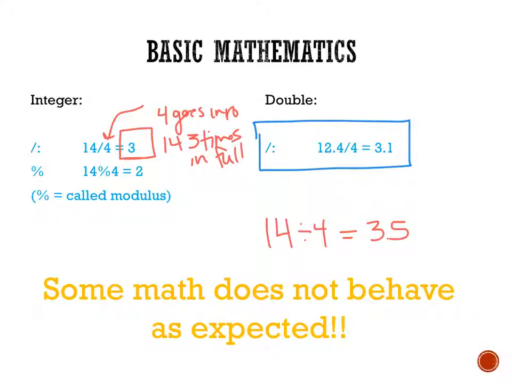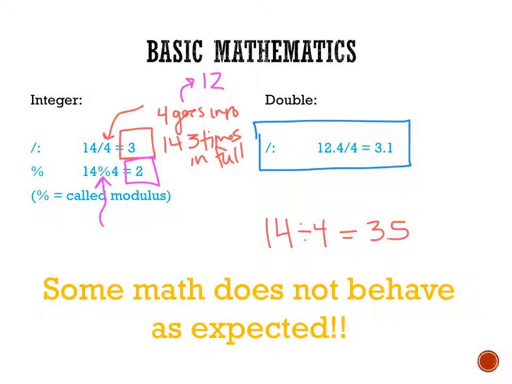So how many times 4 goes into 14 in full. Then we have this second operator called the modulus that represents the remainder. So right here, this 14 and the percent sign is called a modulus. 14 modulus 4 pairs with integer division. So we know that 4 goes into 14 3 times in full, which then represents the number 12.